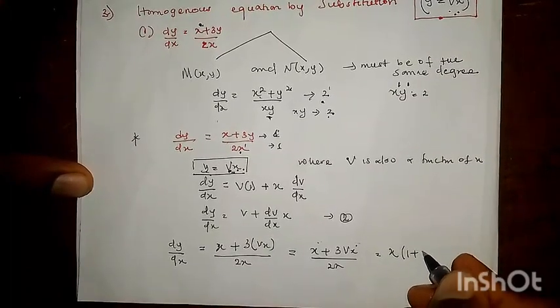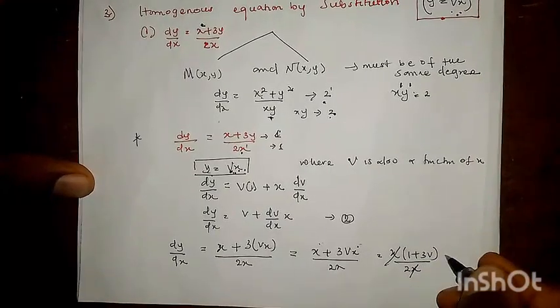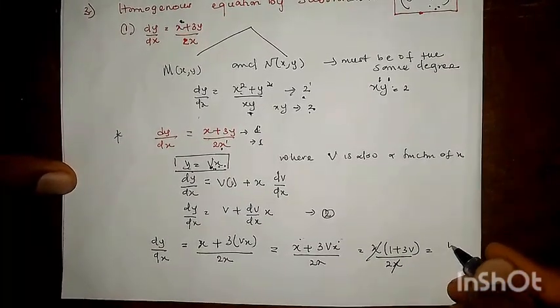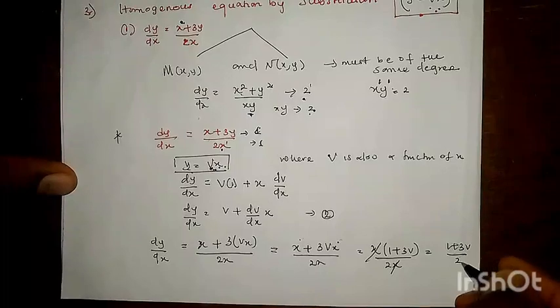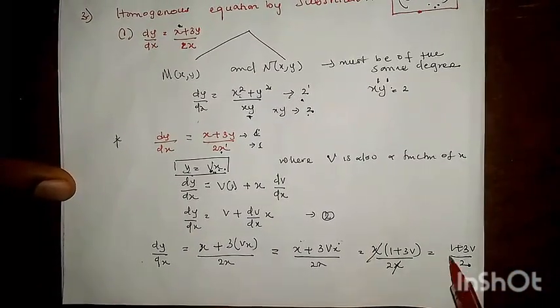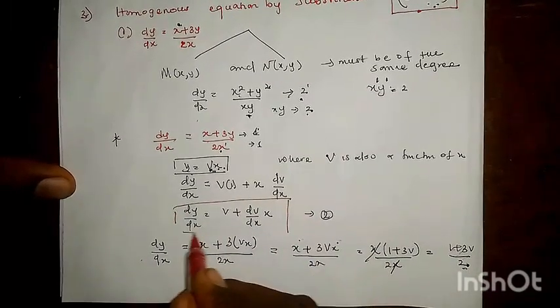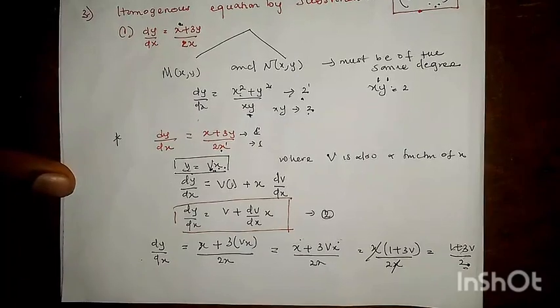This is x(1 plus 3v) over 2x. The x cancels x, so basically I have (1 plus 3v) over 2. So now dy/dx is equal to (1 plus 3v) over 2, and also dy/dx is equal to v plus x dv/dx. So I equate the two equations.